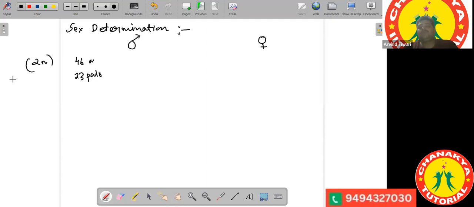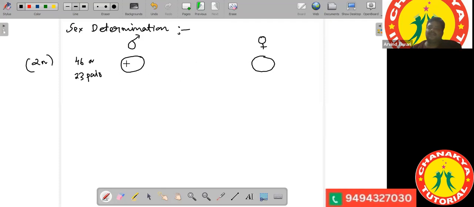The rest, 22 pairs, determine other characteristics. So we are not writing all the 23 pairs over here, just the one pair which determines the sex of an individual.